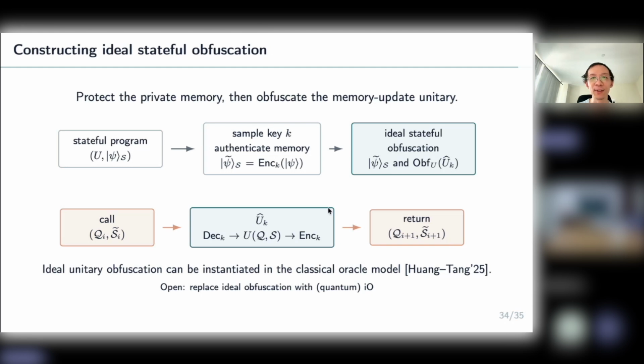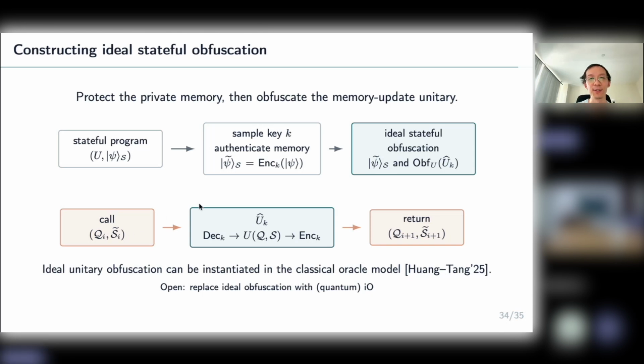The idea is pretty simple. Suppose you start with some stateful program. If you have ideal obfuscation, I can just use a quantum authentication scheme to authenticate the state, which also encrypts it. And the output is just the authenticated state along with the obfuscation of the original unitary.